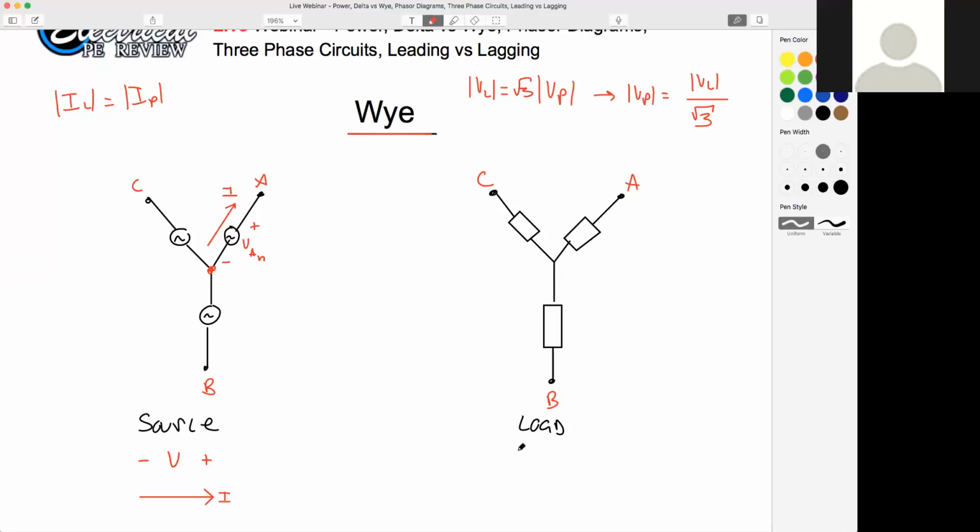On our source, we have a generated voltage. On our load, we actually have a voltage drop. So our load voltage, if we have plus V minus, our current is going to go from positive to negative in reference to our voltage.